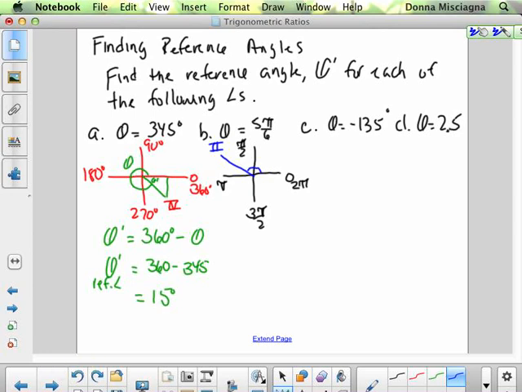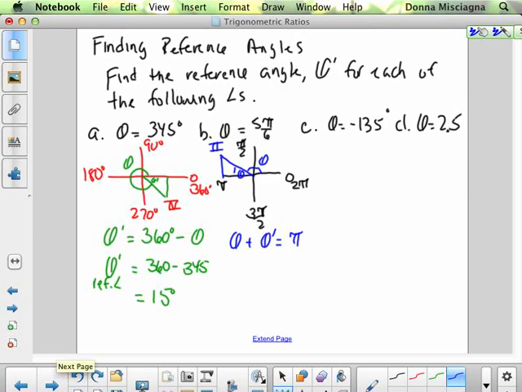Here is our reference angle, and here is our principal angle. Together, the principal angle plus the reference angle equals pi, because we're in radians.